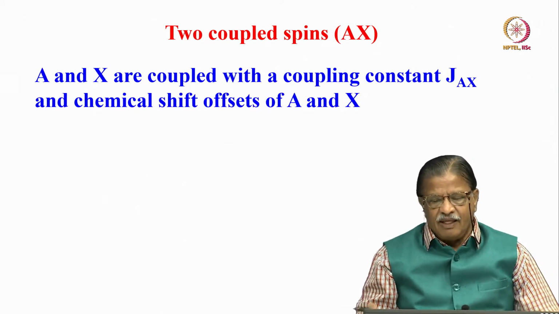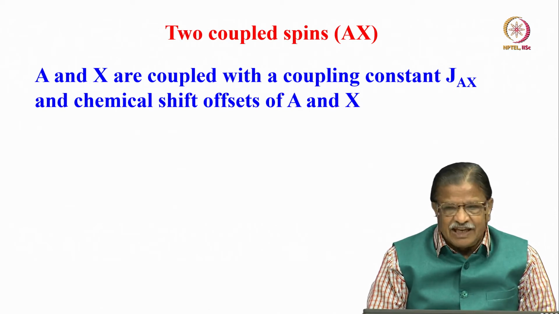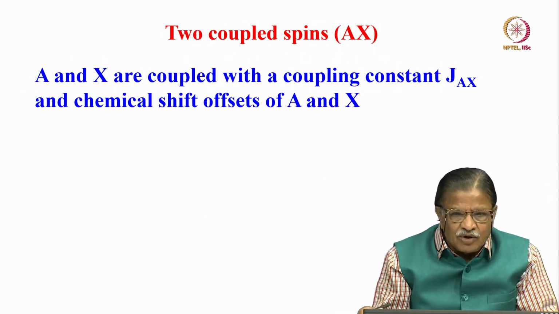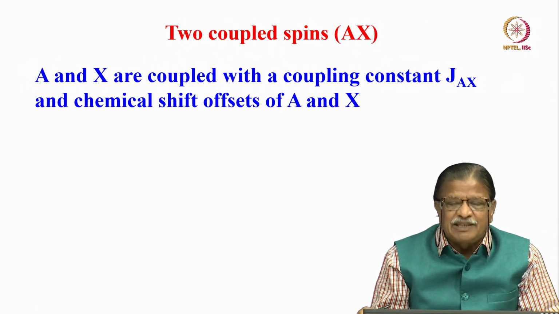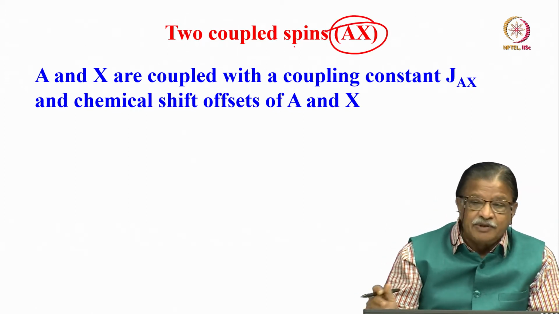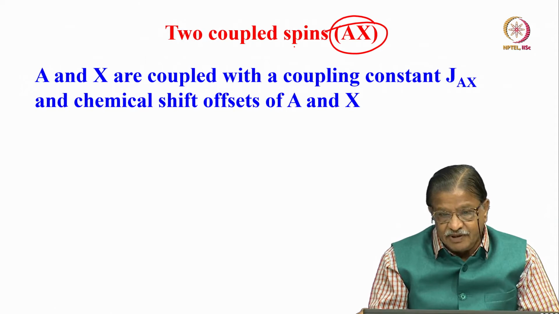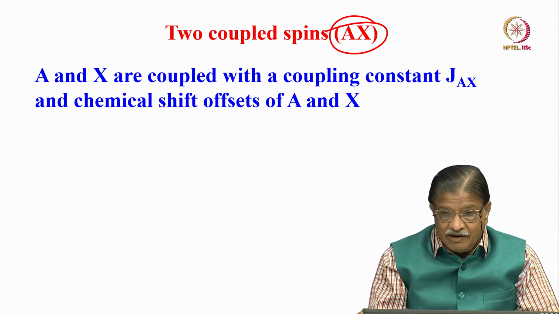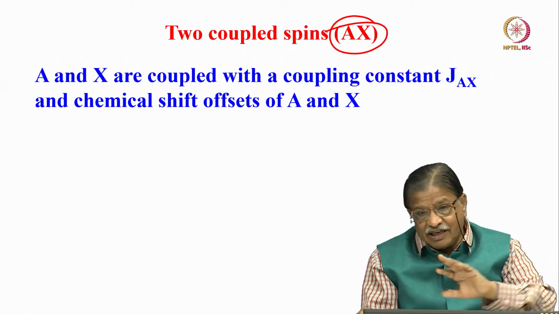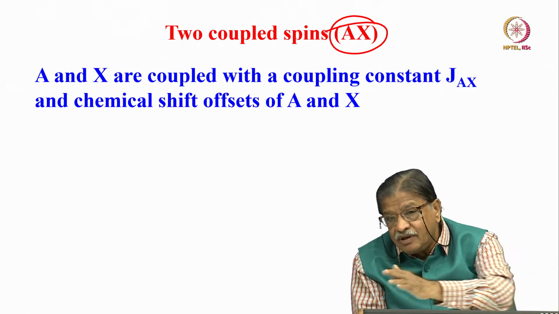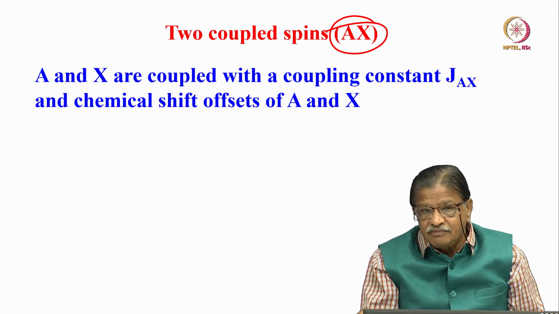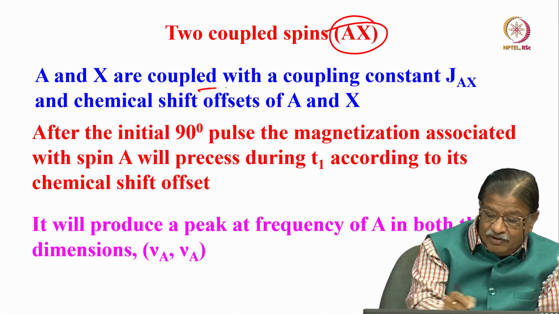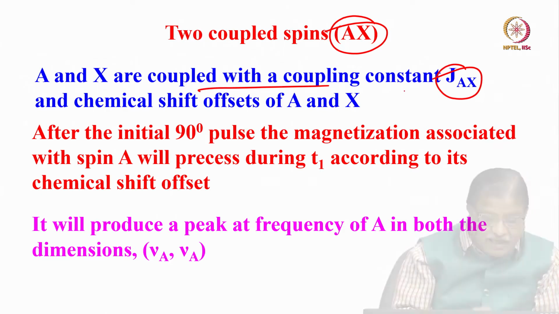Now with this information, let us try to understand the COSY spectrum of two coupled spins A and X. Two spins are coupled. J coupling is present now. What will happen? During the evolution period, it evolves under chemical shift and also due to J coupling. Both are present now. Now a very interesting thing is going to happen. Now we have a coupling constant JAX.